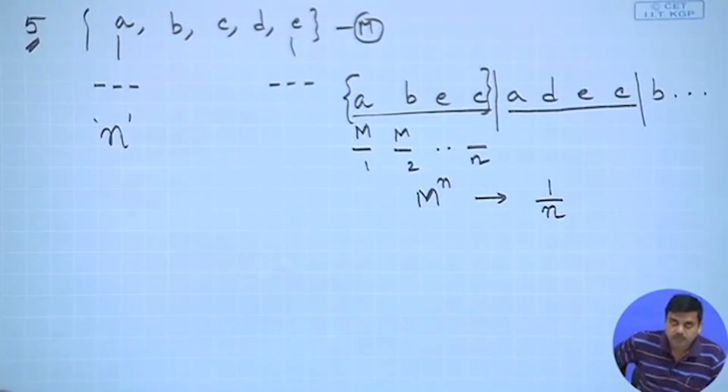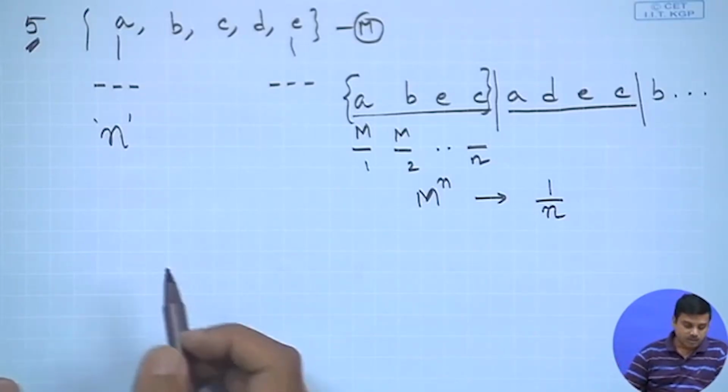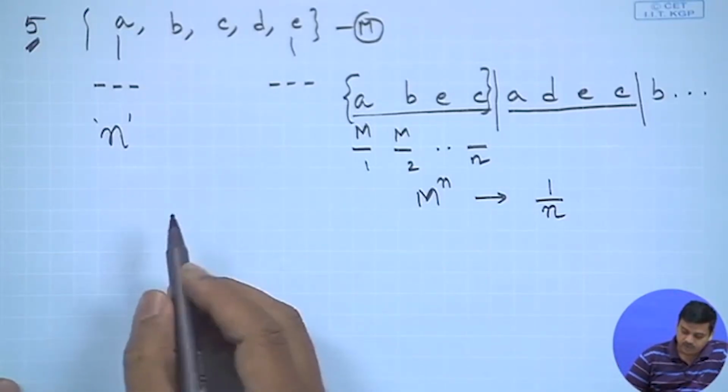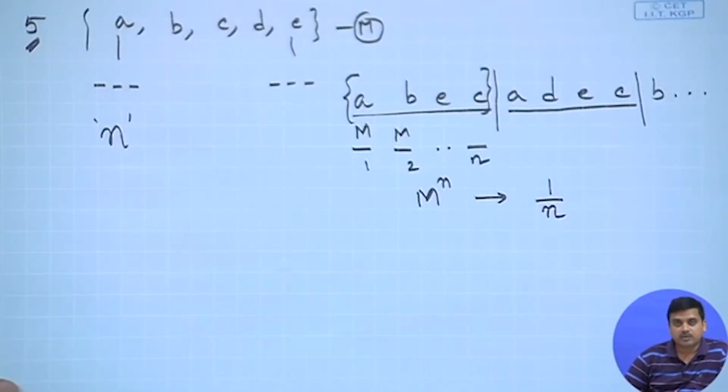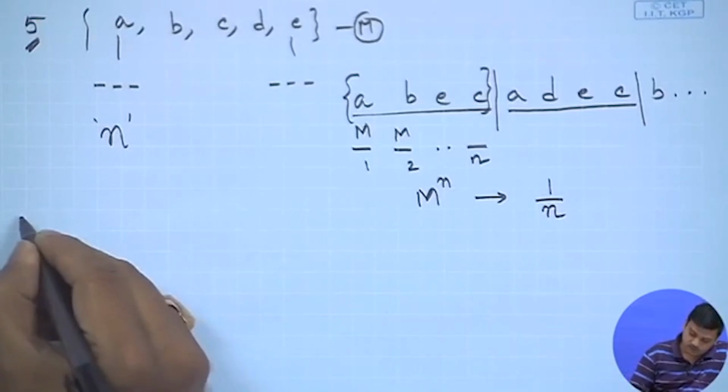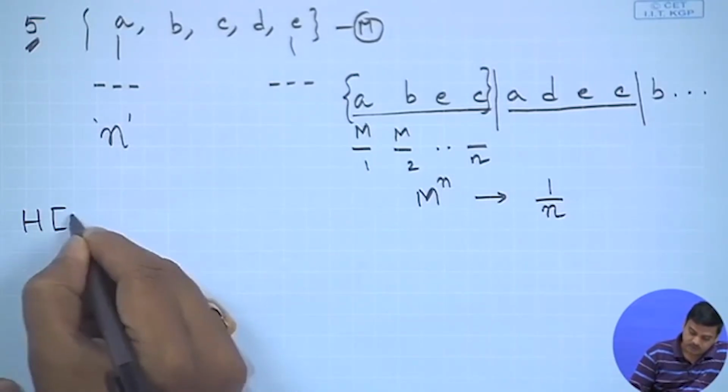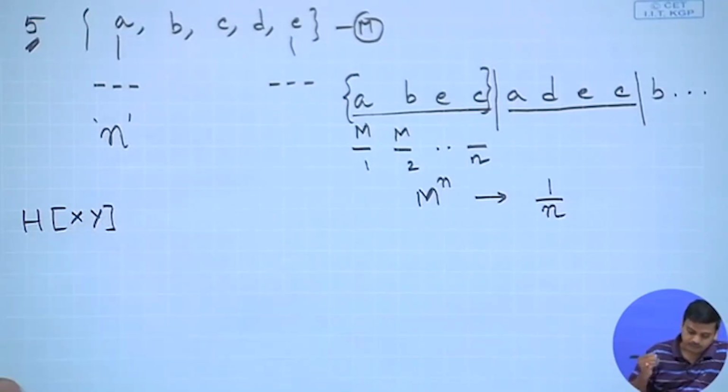However, when you have to do it for variable length codes, one has to use the calculus of entropy. So, what we are going to do is show the expression of H(X,Y).